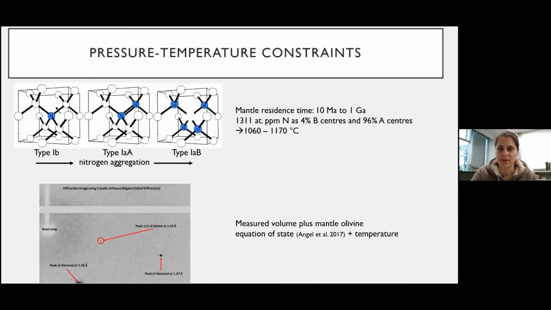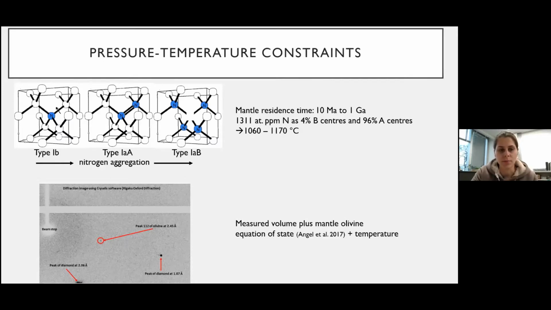So now we will look at the diamonds. One of the main trace elements that we can find in diamonds is nitrogen. Even though diamond is almost 100% carbon, we do get a minor ppm level of nitrogen in diamonds. Initially, nitrogen is present as a single atom.